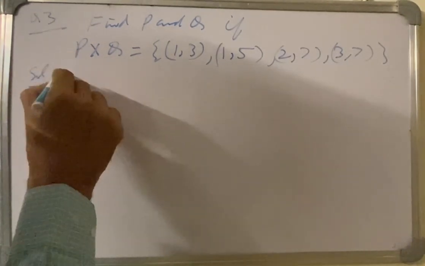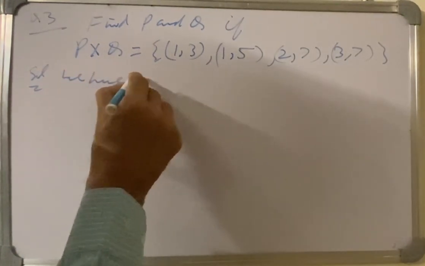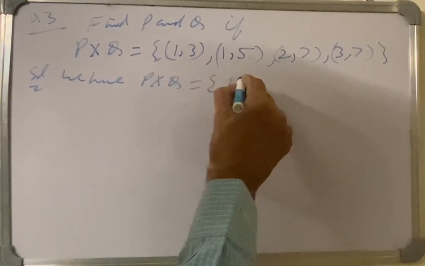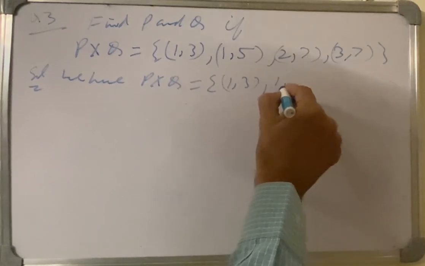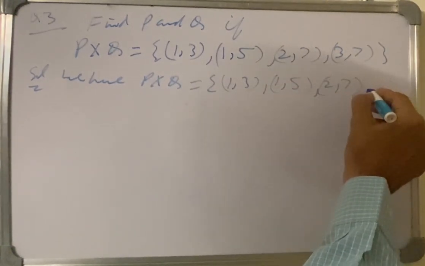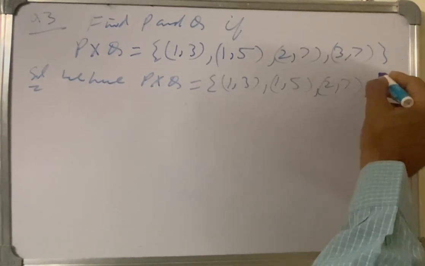Solution, we have the Cartesian product of P and Q is (1, 3), (1, 5), (2, 7), (3, 7).